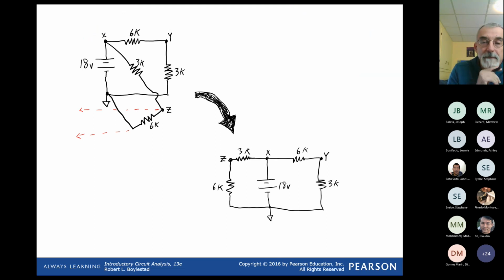Last class, somebody asked about this 3-dimensional circuit where one of the branches is coming out of the paper towards you. All I can tell you to do, which may take a bit of practice, is maybe use different color pencils.